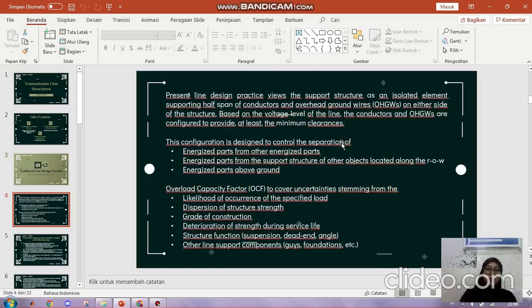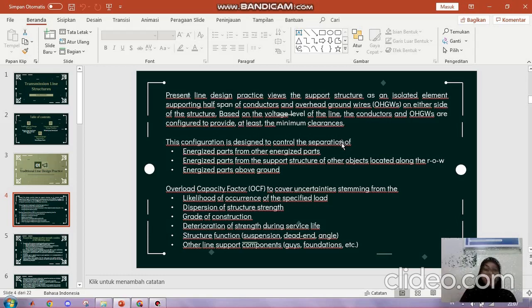The present line design practice views the support structure as an isolated element supporting the conductors and overhead ground wire, or OHGW, on either side of the structure.